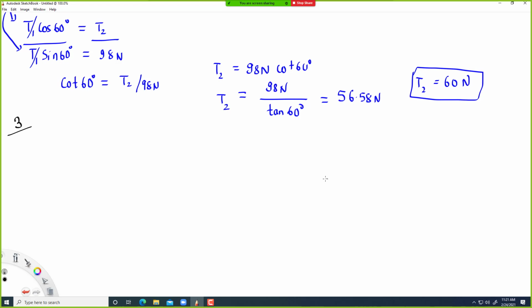So we have this inclined surface. This is an example of dynamic equilibrium. So this incline is 30 degrees to the surface.